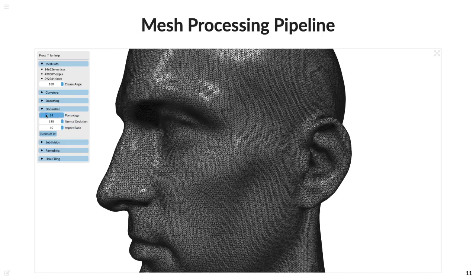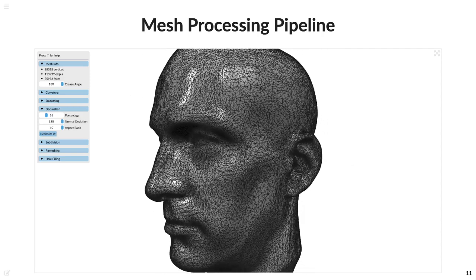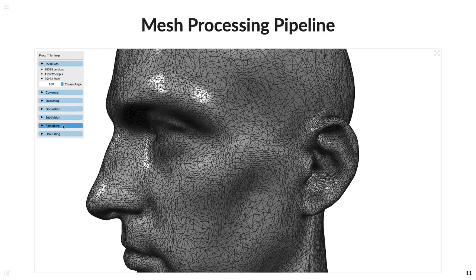So let's, I don't know, decimate it to 25%. Shown here. But then maybe you don't like these long triangles anymore. You want to have nicer triangles. Maybe you also want to have adaptive triangulation.